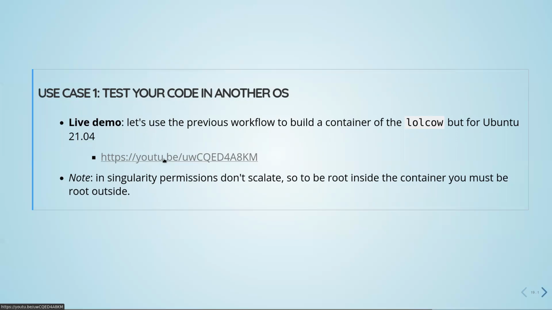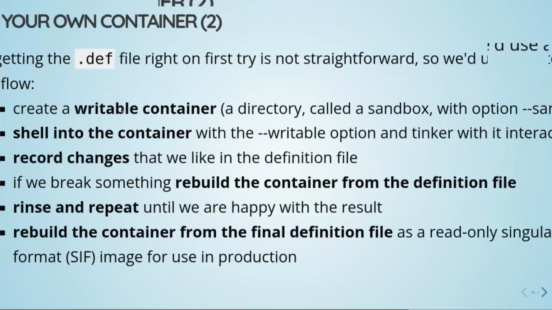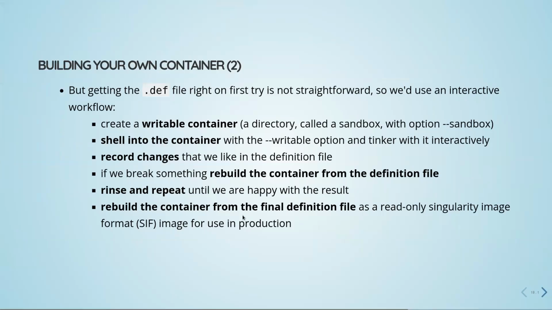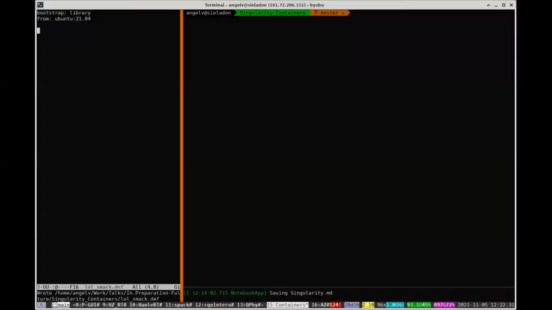I uploaded the video here to YouTube, and that basically demonstrates this workflow. Let me just show you how it looks, but I will go very quickly through this. I will start with something like this. This is my definition file on the left. I would start just by saying that I want to use the Ubuntu distribution.